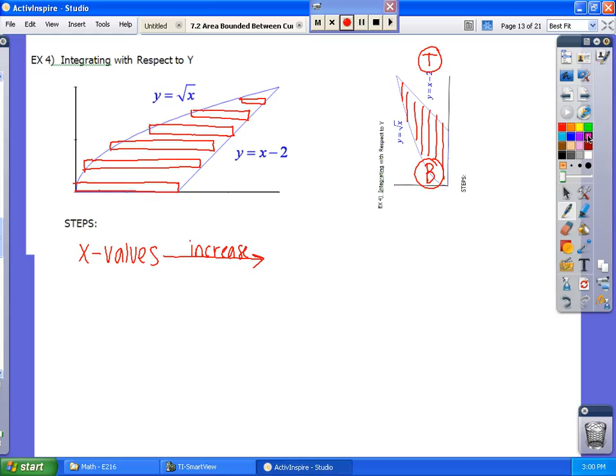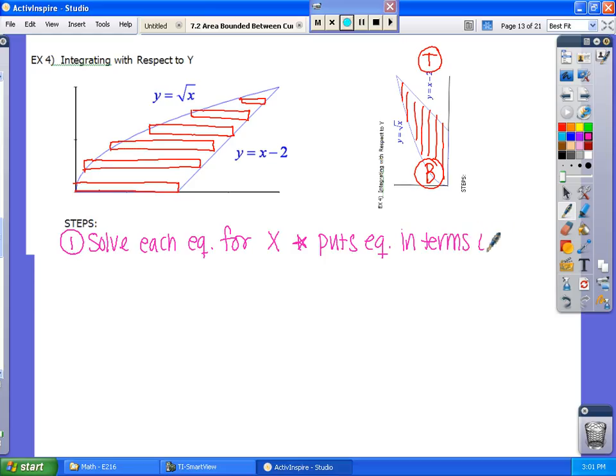So the major thing that I want to talk about is the fact that the steps are all the same, except we're going to sneak an extra step in the beginning. We're going to first need to solve each equation for x. What that does is it puts equations in terms of y.